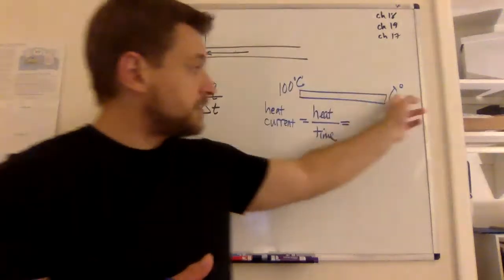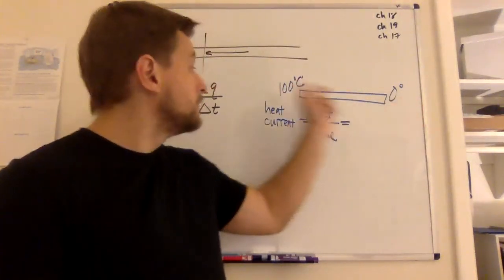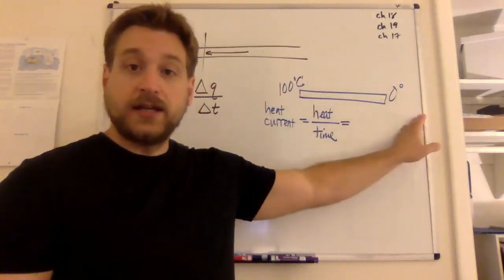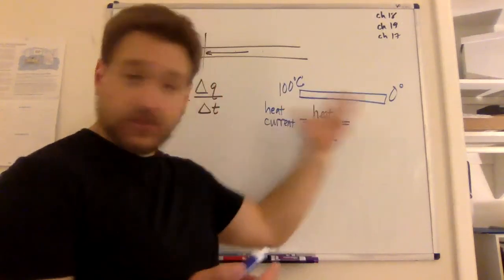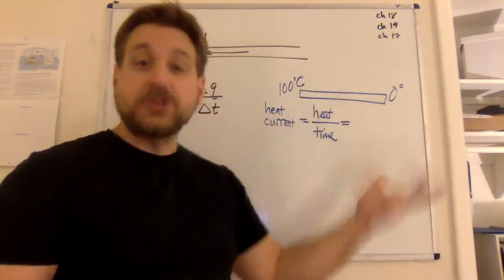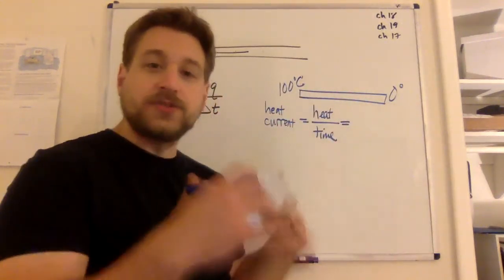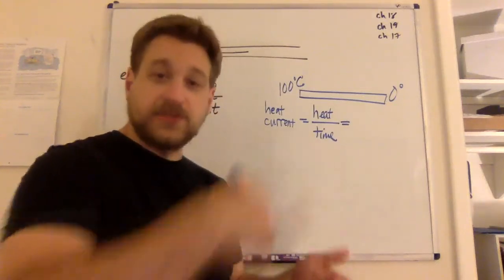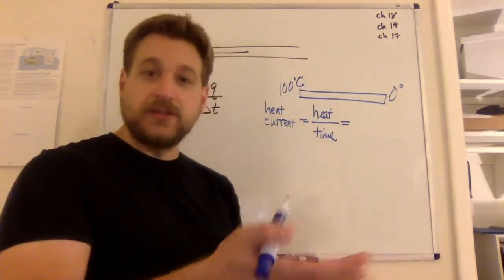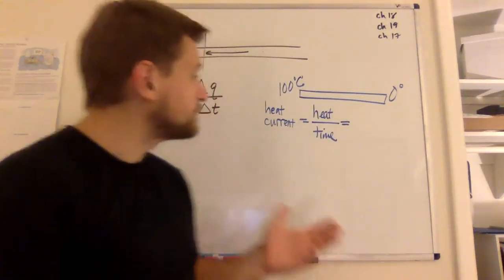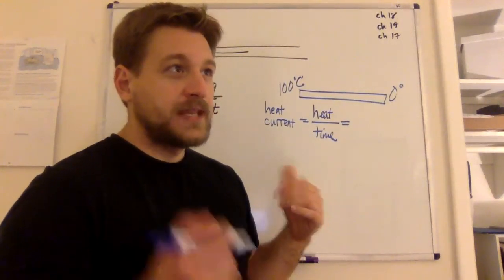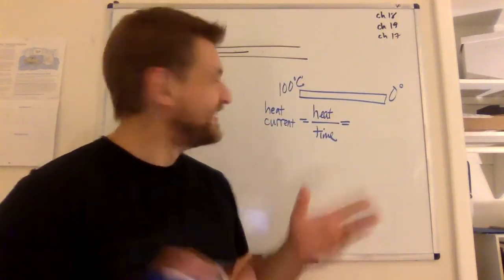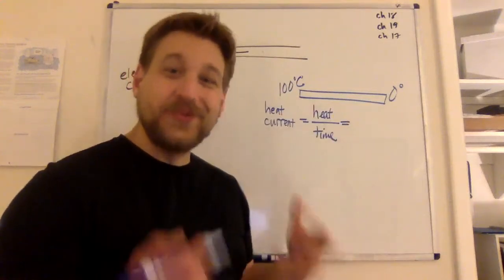Think of the conduction from the hot side to the cold side. The word conduction and conductor makes me think of a train, right? Like an old school train with a conductor, someone who comes around and checks your ticket and makes sure that you're going where you need to go. If we're going to think about this as a train, what do we need to know?